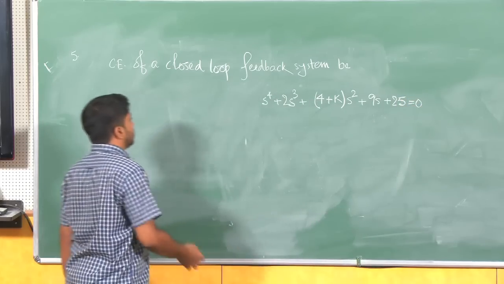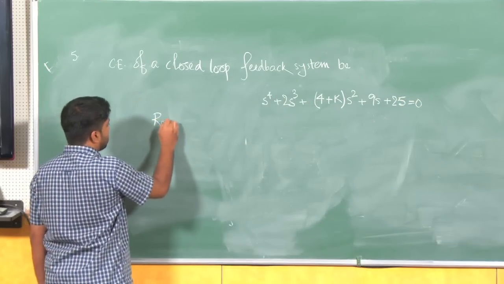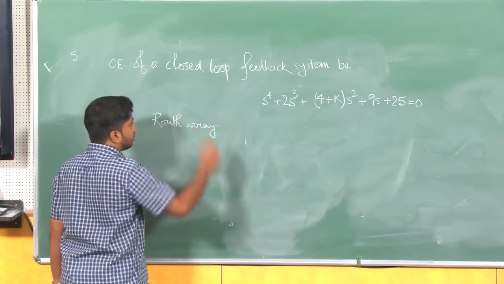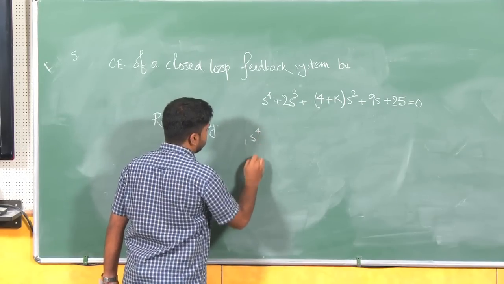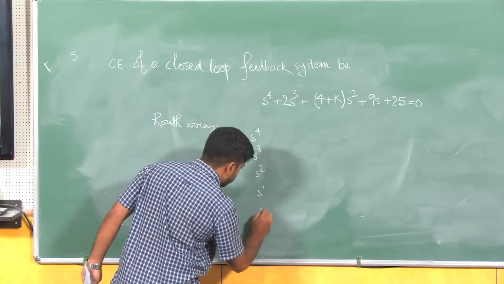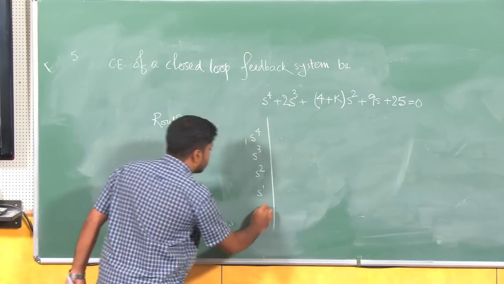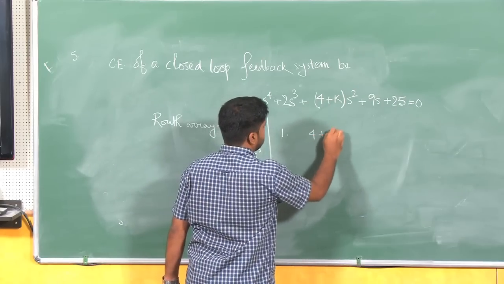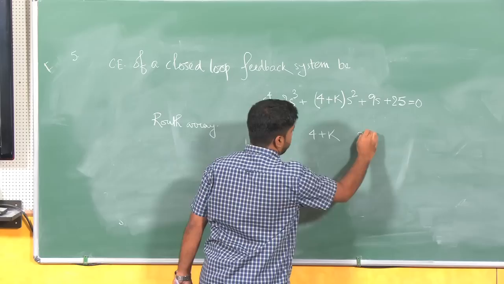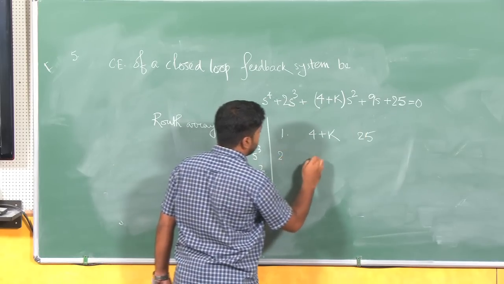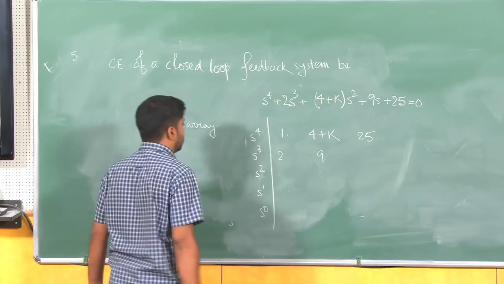So, first we construct the Routh array. S to the power 4: first term will be 1, second term is 4 plus k and third term is 25. Now, here first term will be 2 and second term will be 9.